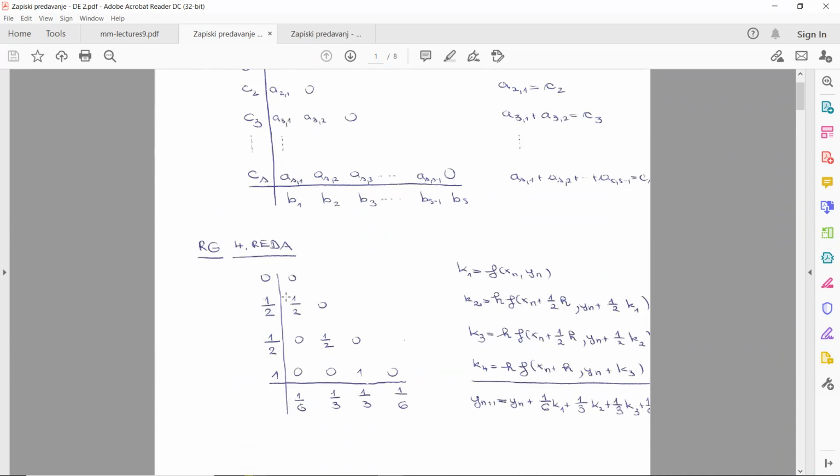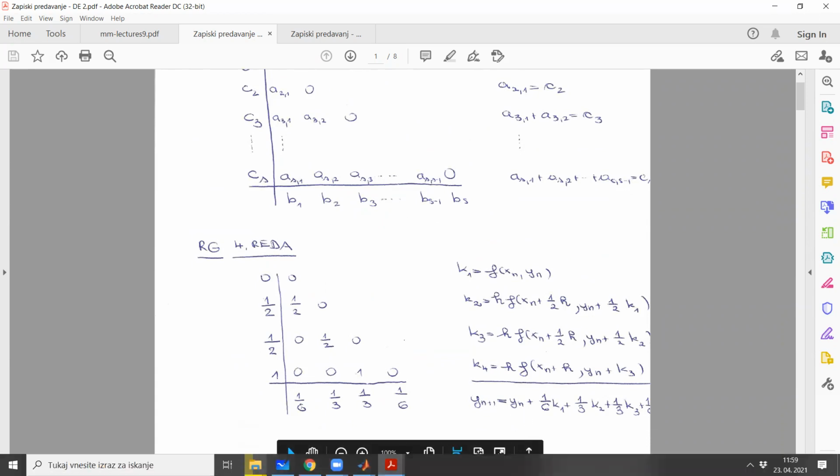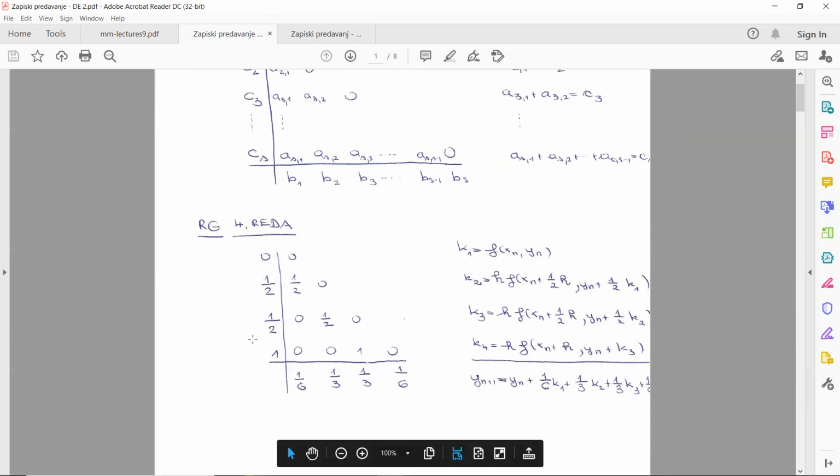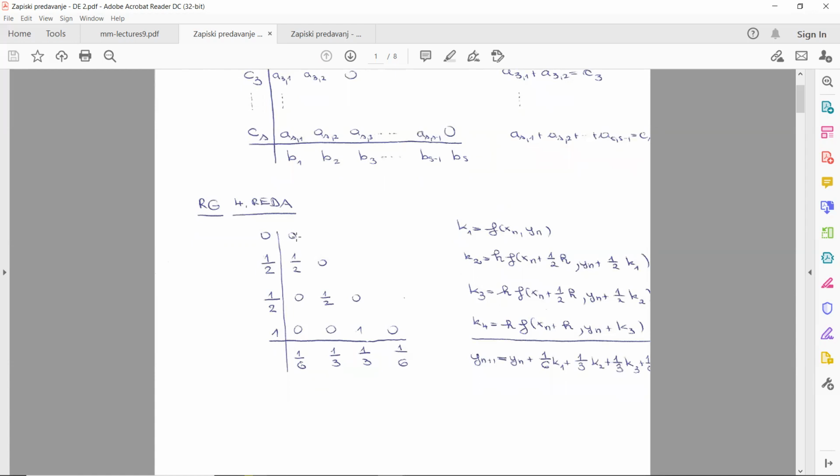Here are the coefficients for this method. So this is our method, only the coefficients are collected in a table, otherwise it's the method from the slides. But then we take another Runge-Kutta method with the same coefficients here, only the weights are a little bit different. So the last row is different.